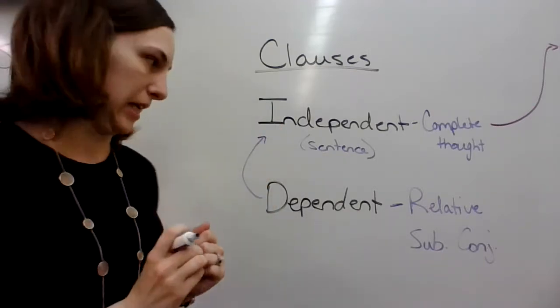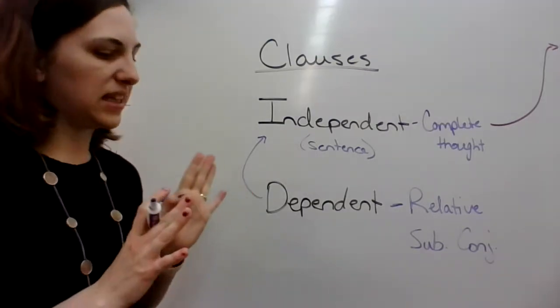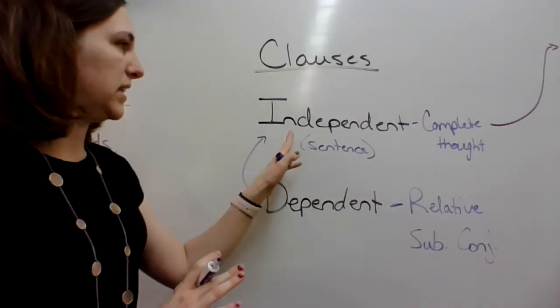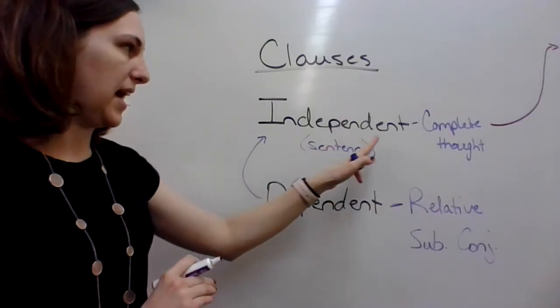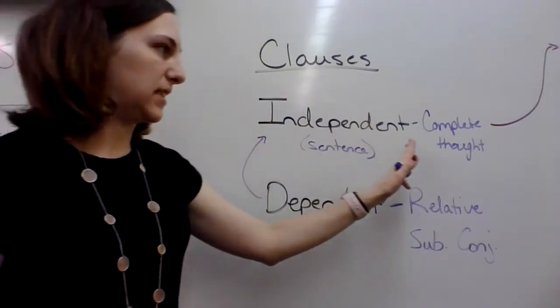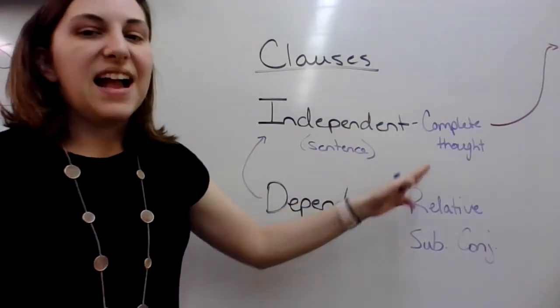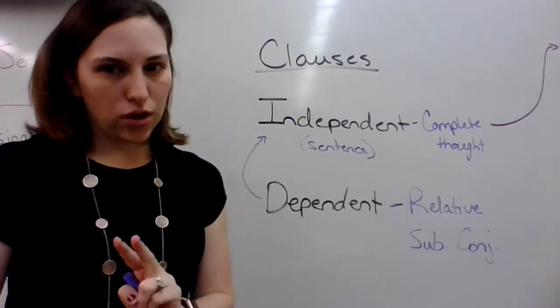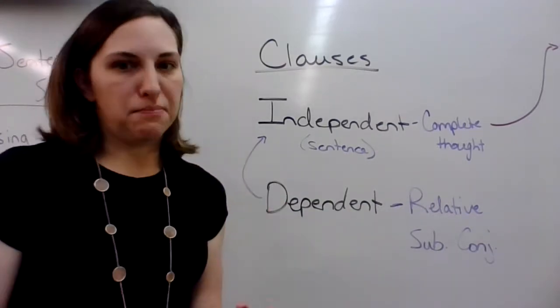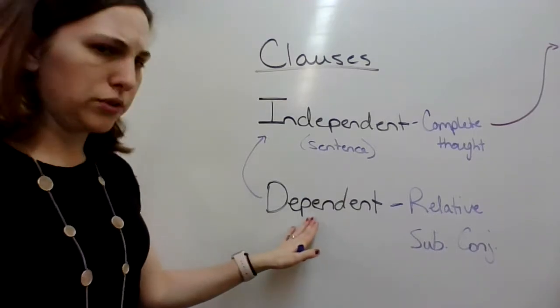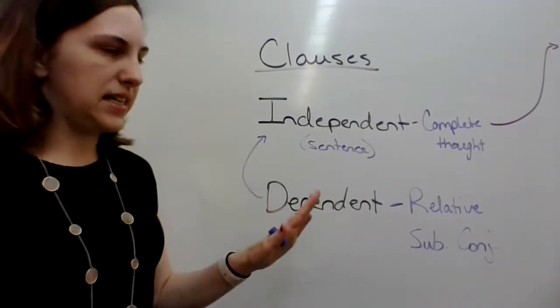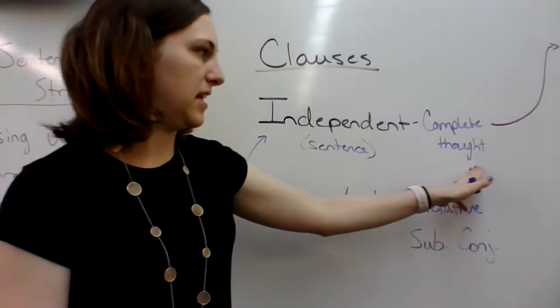It can't be by itself, okay? But specifically today, we're just focusing on the independent clauses, okay? It can be a sentence, it expresses a complete thought, and there are two sentence structures that come from independent clauses, okay? So we'll save dependent for a later date. Today we're just focusing on independent clauses.